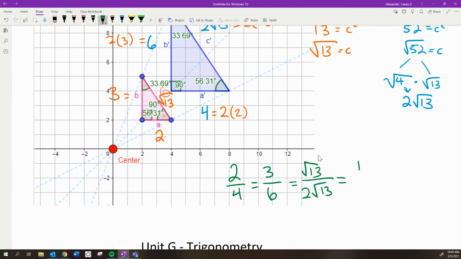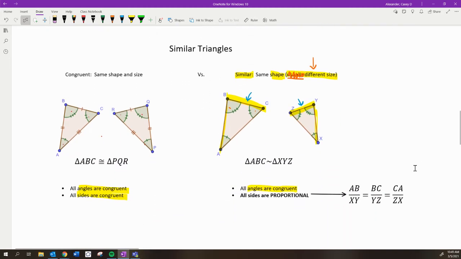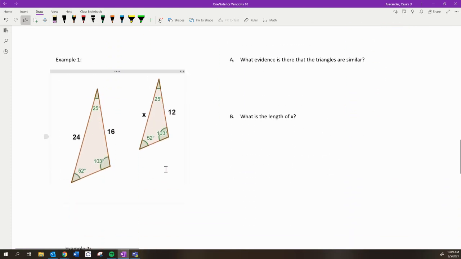All of these fractions are equal to 1/2. And that's because the pink triangle is 1/2 the size of the blue triangle. And if we flip them all, then it would be reversed. And so you have this proportional relationship: as long as you compare corresponding sides between similar triangles, your fractions will always be equivalent, even though the sides themselves are not equivalent.